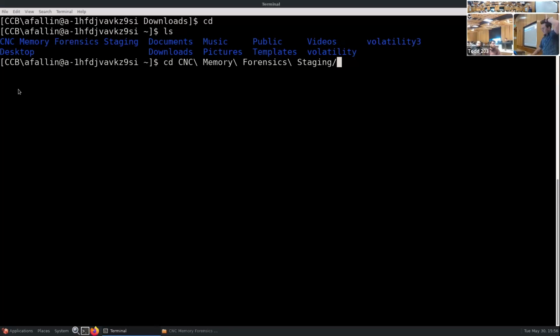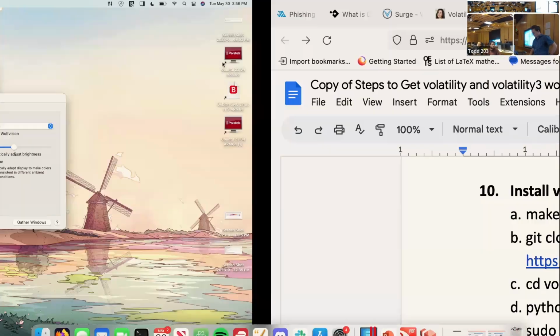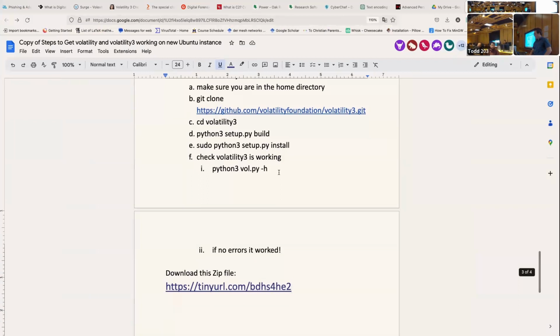Is the tiny URL working? Maybe it's just mad that so many people are trying to download it at once. How do we extract it, or is that the same thing as download?